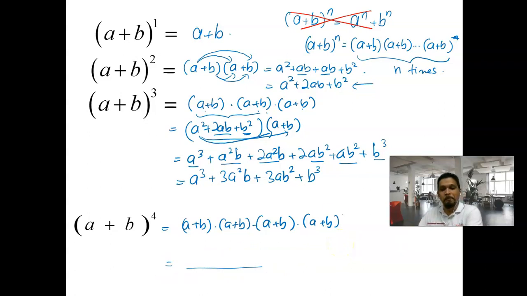So I just give you the final answer. You try in the middle here. It's going to be a to the power of 4 plus 4a cubed b plus 6a squared b squared plus 4ab cubed plus b to the power of 4.